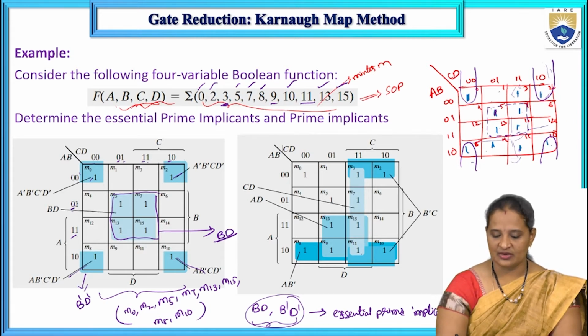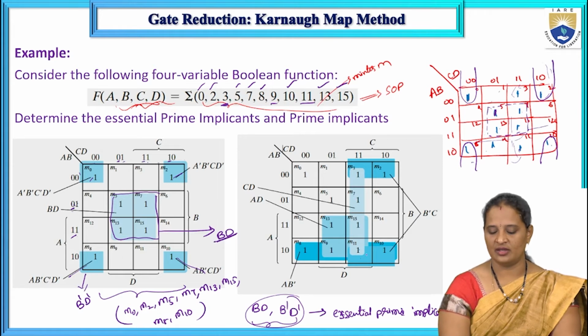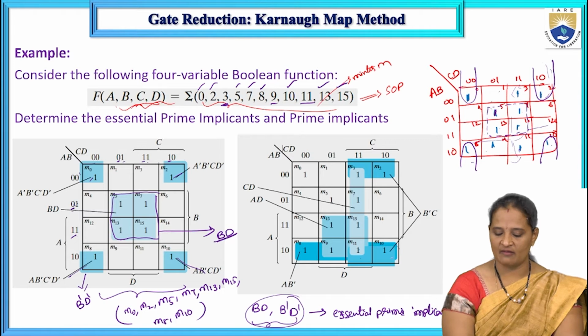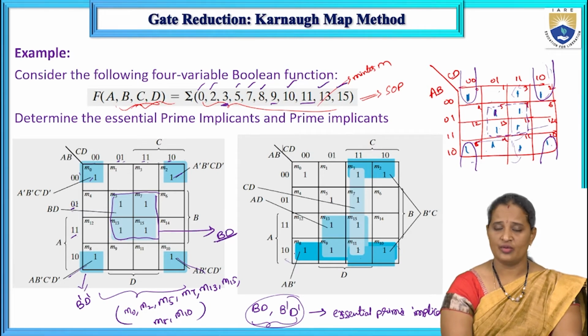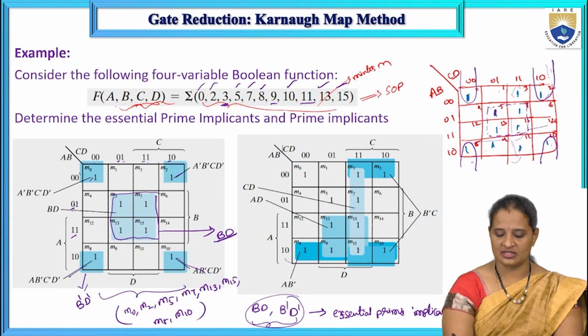Here this is forming a group with 3, 7, 15, 11, such that with this group 3 and 11 are covered, and only 9 is left free. So 9 can be covered by this. There are other possibilities also, such that 11 is also covered.